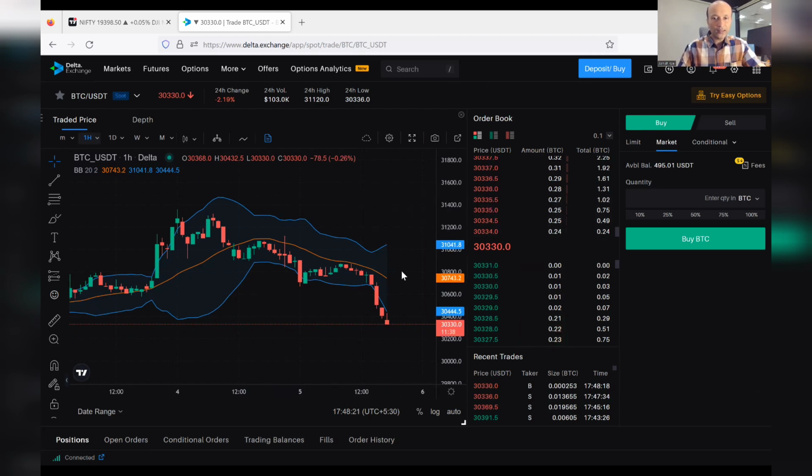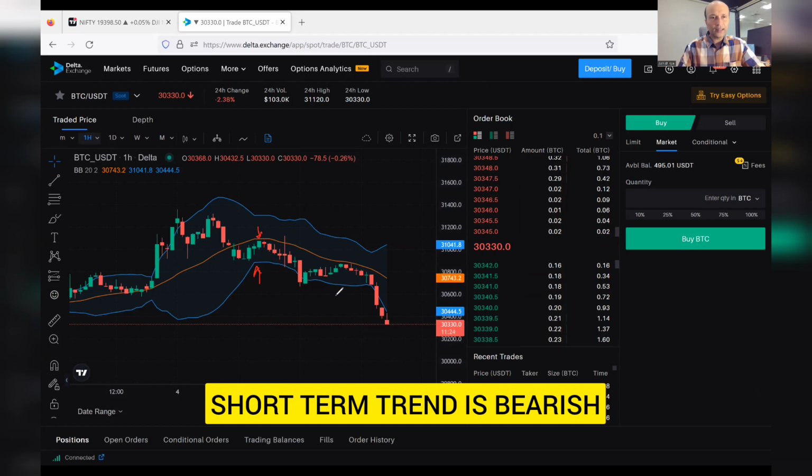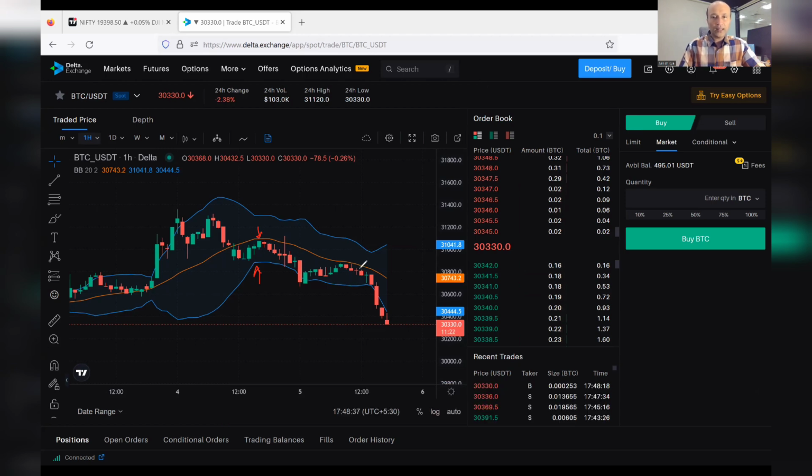Please understand what is the strategy. हमारा strategy क्या है? Prices are moving between the mid and the lower band, which means फिलहाल short term के लिए, short term I am talking about, is bearish. Okay, that's the trend right now that we can make out, and it is giving a breakdown below the lower end of the band, and the bands were contracting. Now the bands are expanding on the downside and the upside.